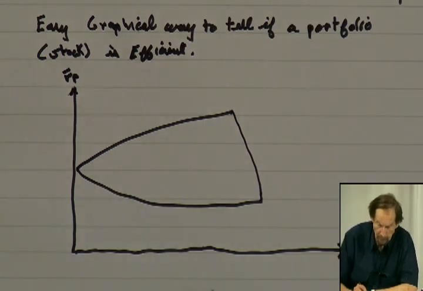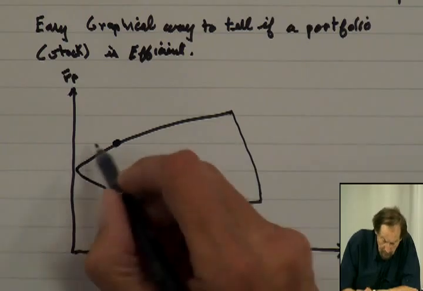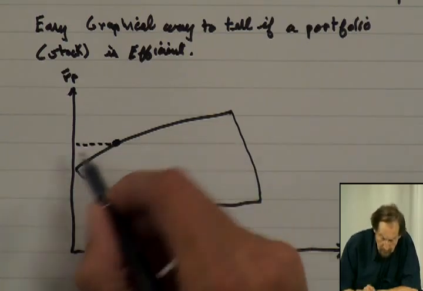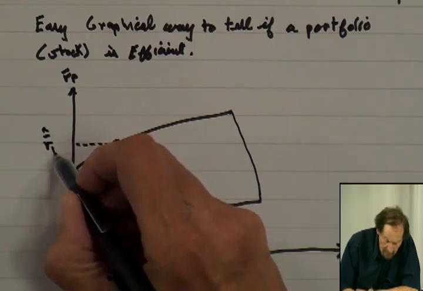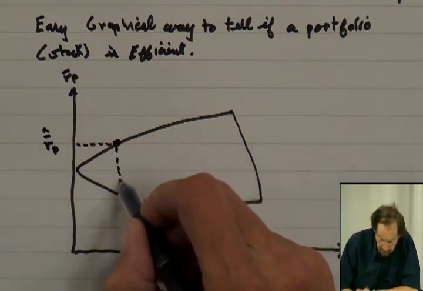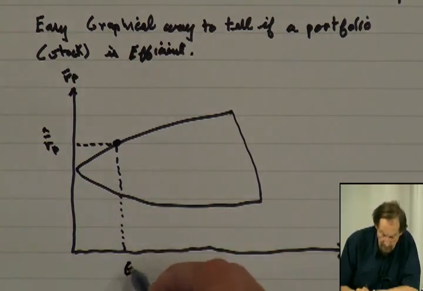Now, let's take a point, say this point here. We'll call this R bar P hat, and we'll call this guy sigma P hat.